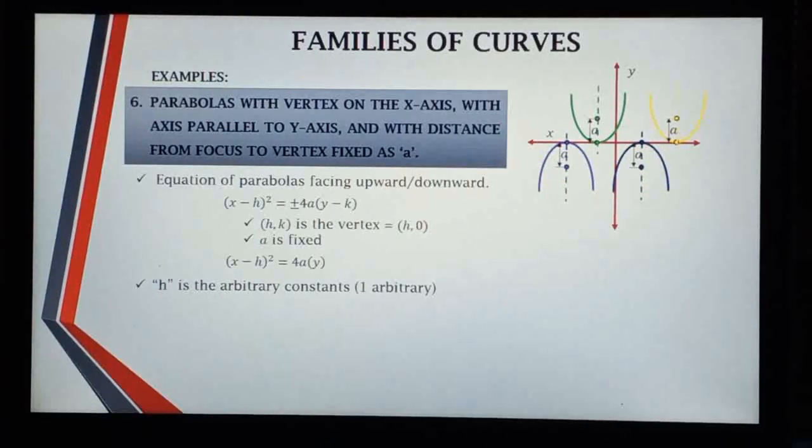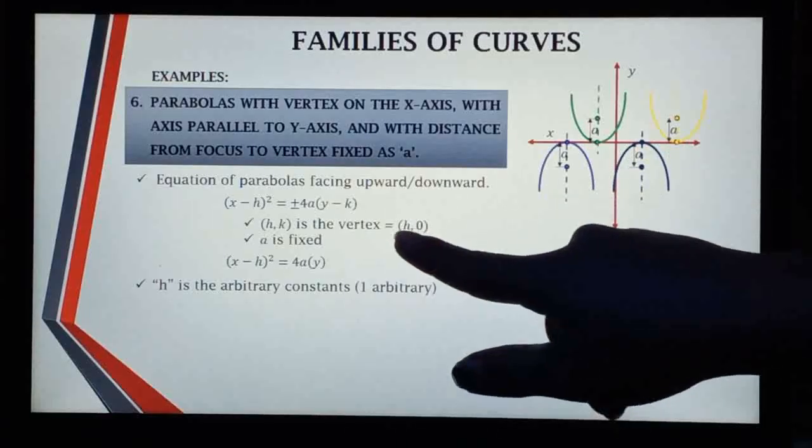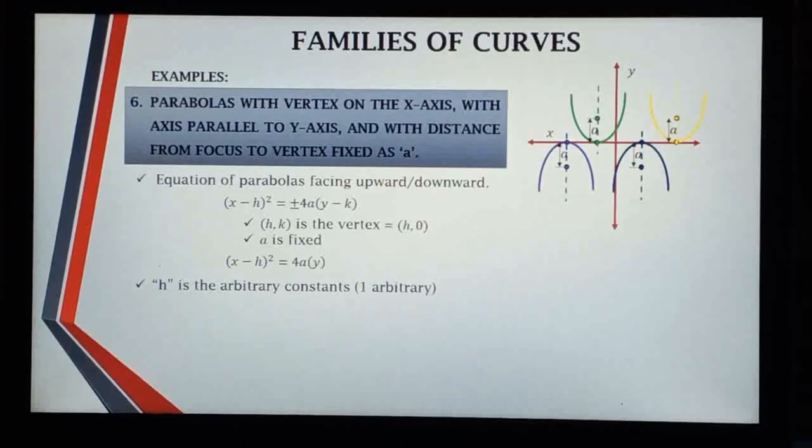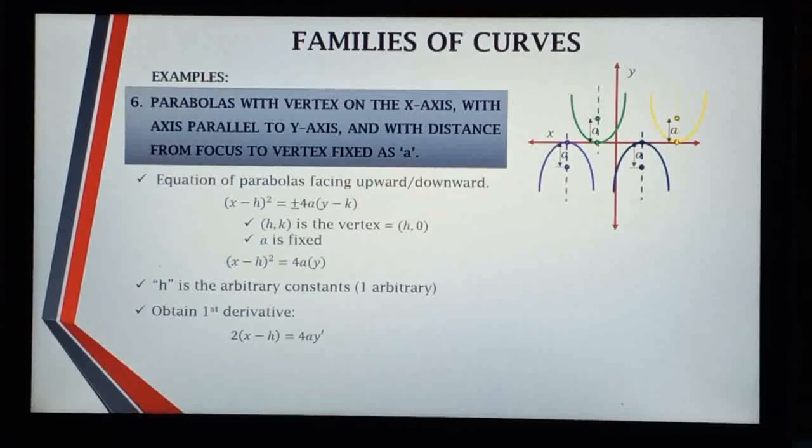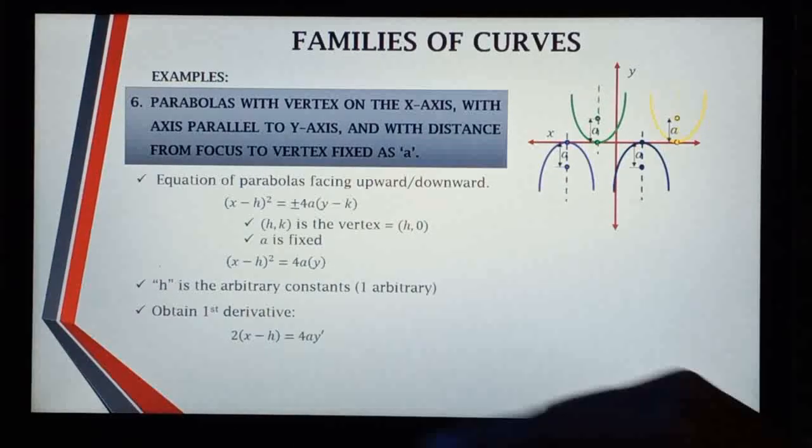So, pwedeng magbago yung value ni h. Then, since you have one arbitrary, you have to obtain hanggang first derivative lang. In that case, the first derivative of the equation is 2 multiplied to x minus h equals 4a. Then the derivative of y is y prime.